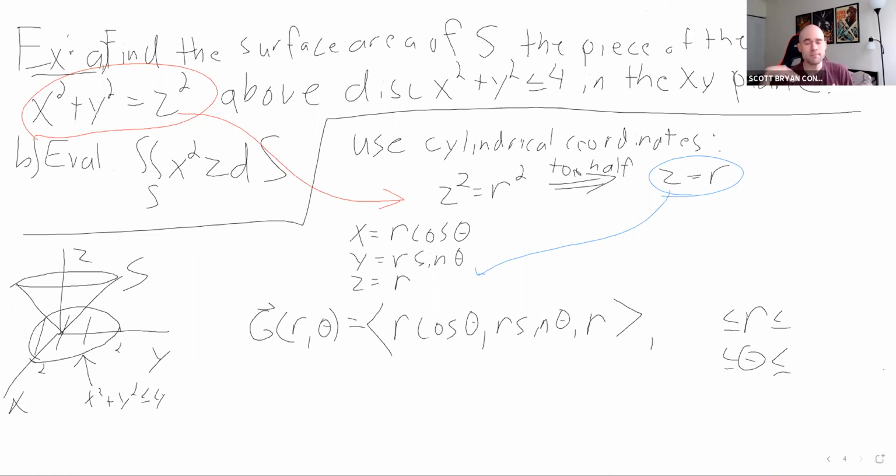So remember, for cylindrical, if you want to find the bounds for r and theta, it's easiest to project your surface down to the xy plane and then just use polar. So when we project our surface down to the xy plane, conveniently, we're told this is the piece of the cone that lies above the disk x squared plus y squared less than or equal to 4. And so that disk is our projection down to the xy plane. And so r goes from what to what?